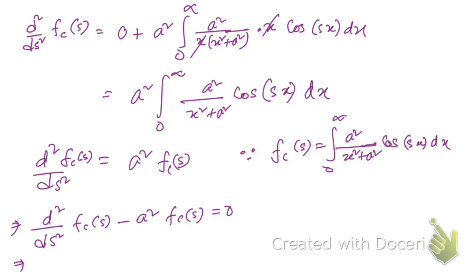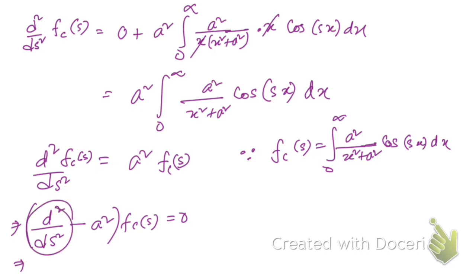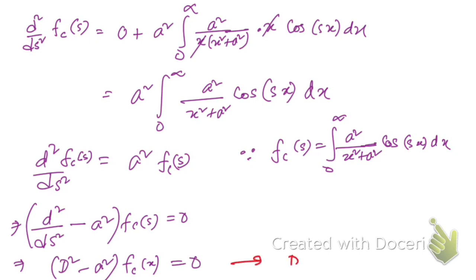Taking fc of s common, we can write this way, right? This is nothing but a differential equation. We can write this part as capital D square minus a square into this. So now you can compare with this equation, which is equal to 0. So this is a differential equation, right?